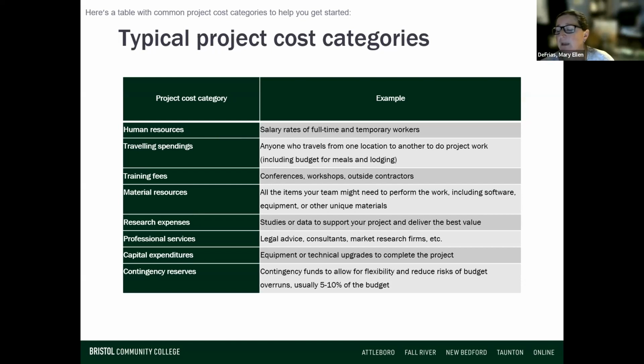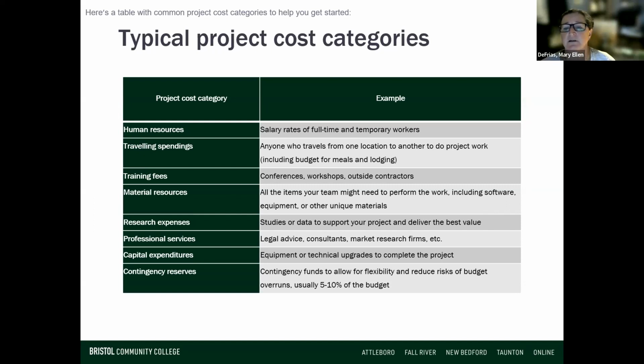Do you have to pay your employees mileage to go to and from work? Do they just come to one location and there's no travel expenses, right? So depending on your business, that one may or may not apply. Whether or not they need any training or conferences or workshops, or, you know, what else might they need to do?